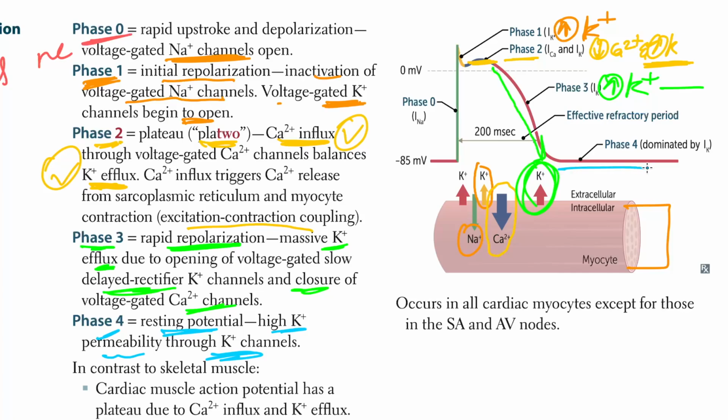So this is a resting membrane potential in which there is more permeability for potassium than any other channel. One of the things you will see elsewhere is a graph of the same thing.